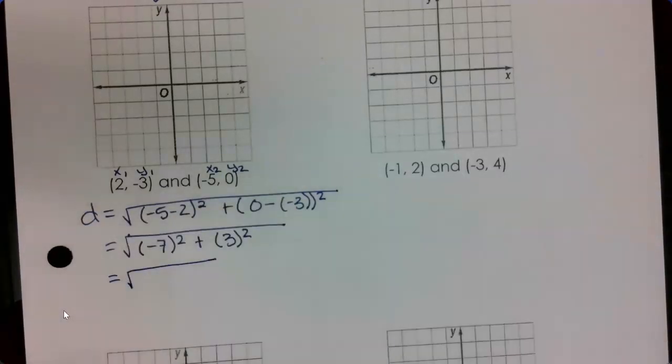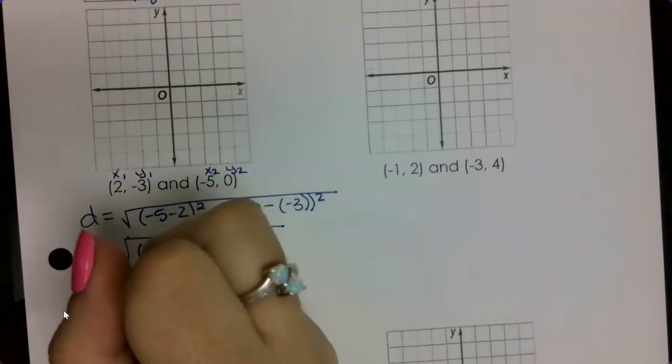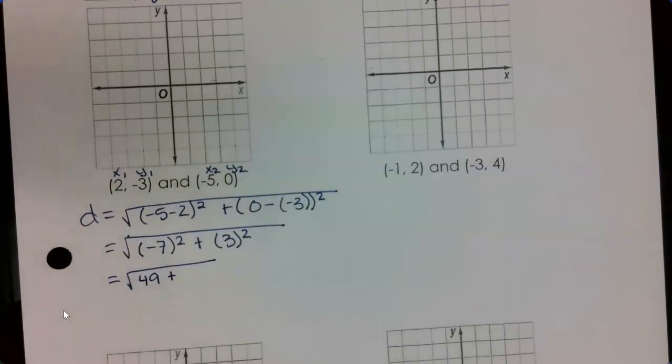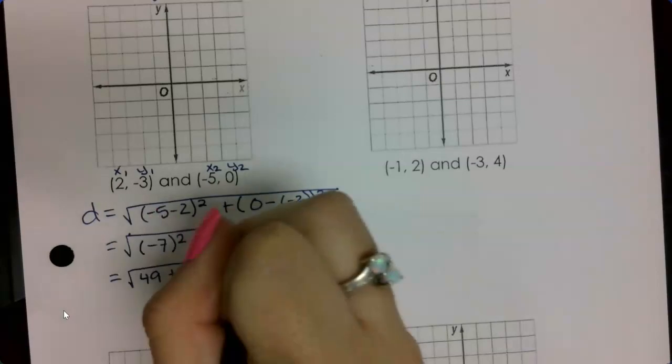Okay, what's negative 7 squared? Try again. What is 3 squared? 9. And 49 plus 9?